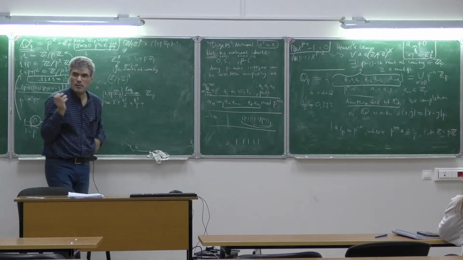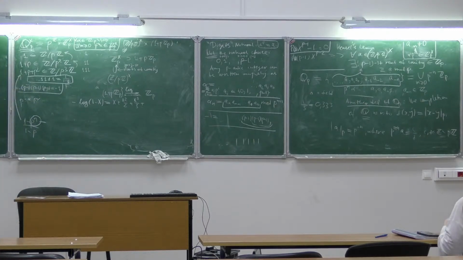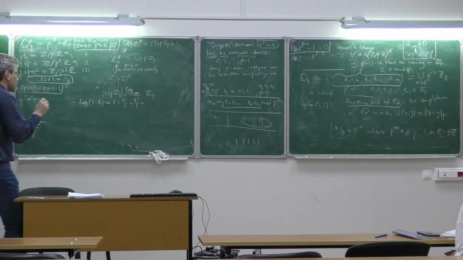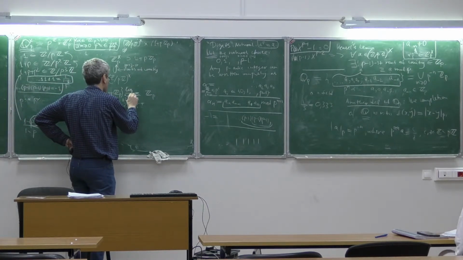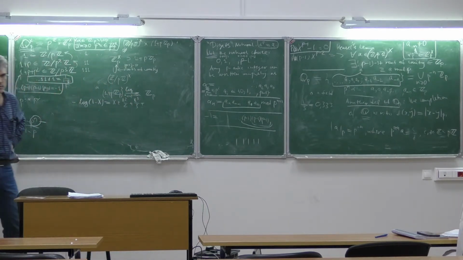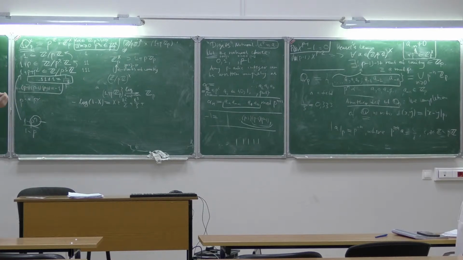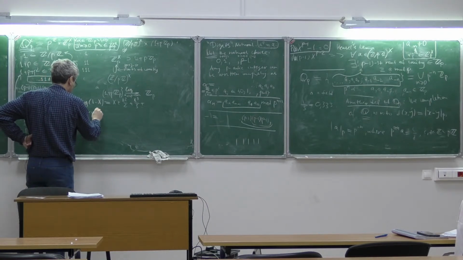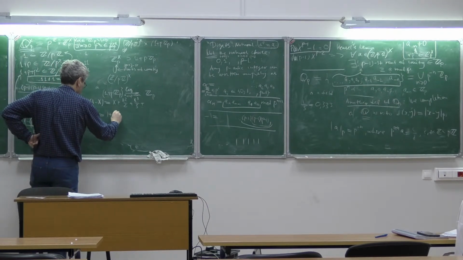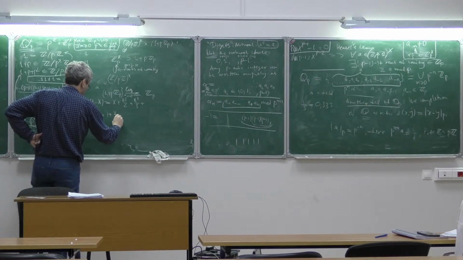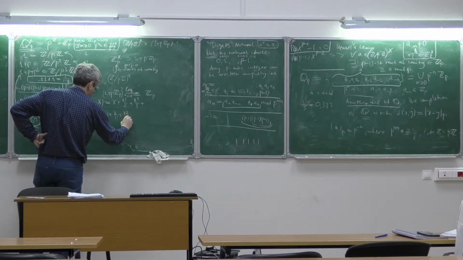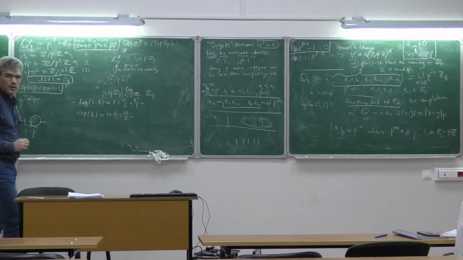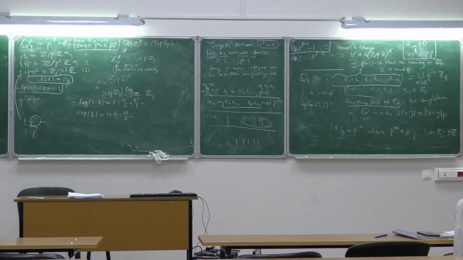So, the exponential. You know that the exponential in our case is much worse than the logarithm, because you divide by factorials. And this is not really good, because factorials have denominators.